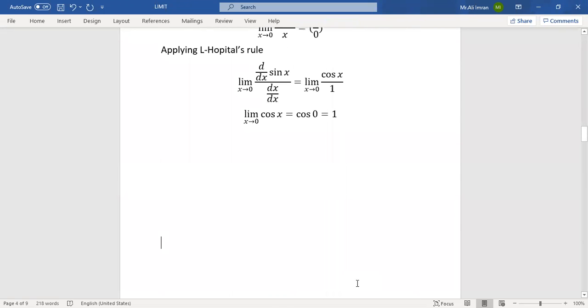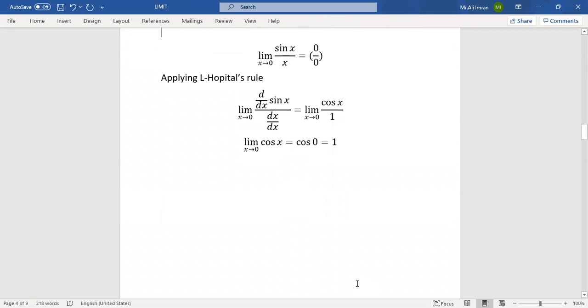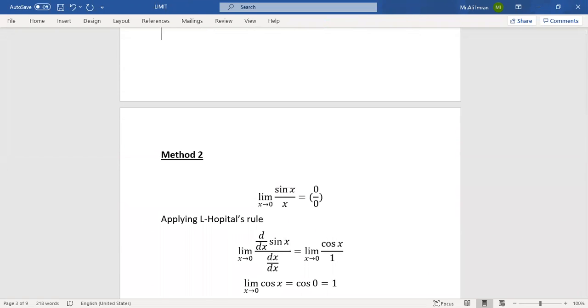Now I will explain the second method, that is to find the limit by using algebraic simplification. Limit x approaches 0, sine x divided by x. If I put in 0, we have a 0 by 0 form, so we will apply the L'Hopital rule. What is the L'Hopital rule?